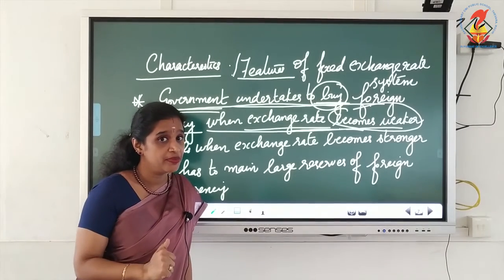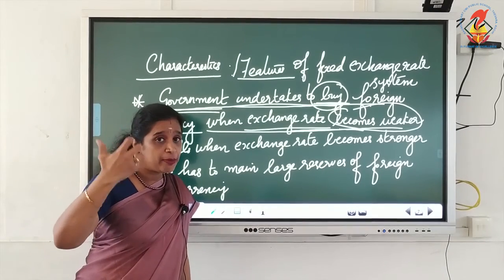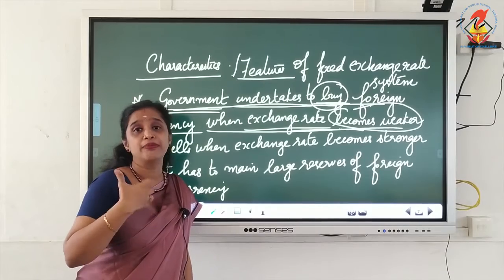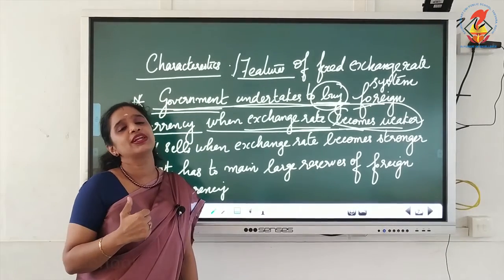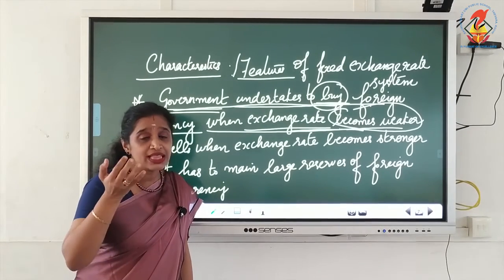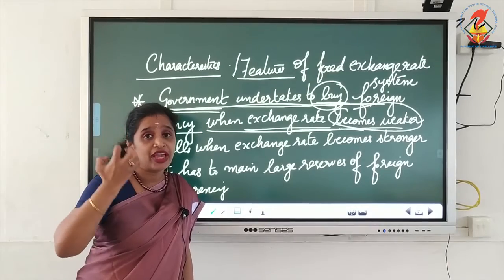That is what I mean. When the exchange rate becomes weaker, what does it mean? We will take the example of India. As far as India is concerned, we should get the foreign currency at a reasonable rate. So during that situation, when the exchange rate becomes weaker, it will be favorable for us.